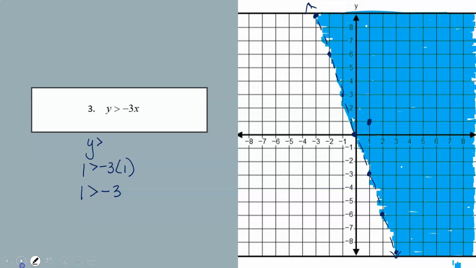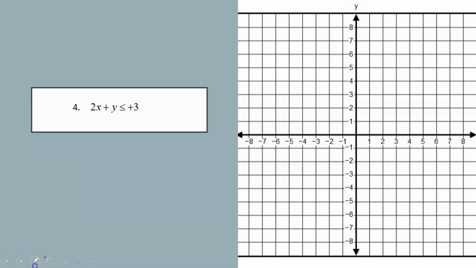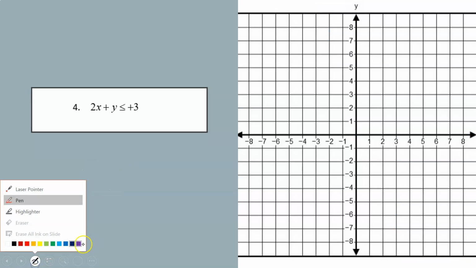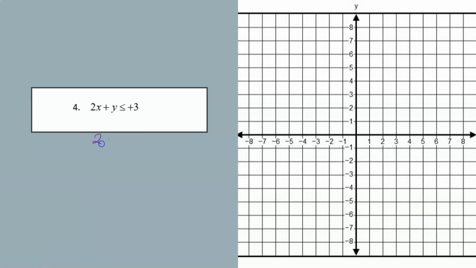All right, next one. This one we have to put into slope-intercept form before we graph it. So I'm going to rearrange it. Oops, there's a y here. So I'm going to subtract 2x from either side. So I have y is less than or equal to -2x plus 3.